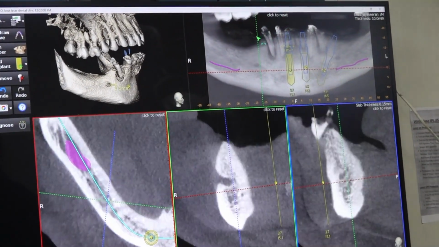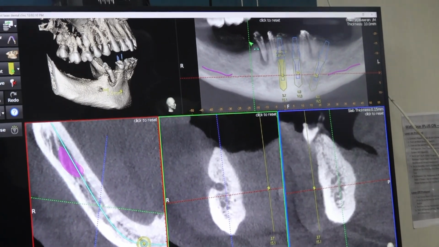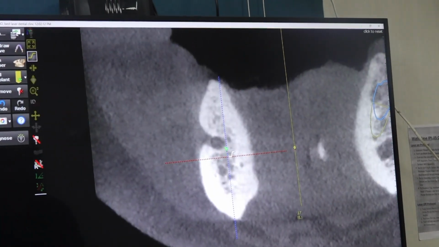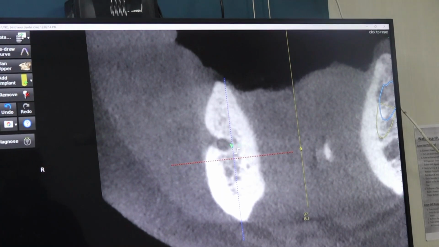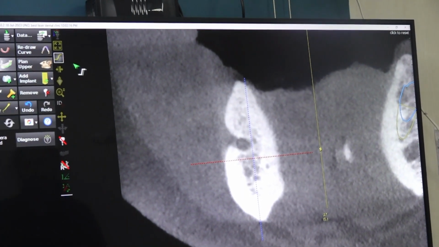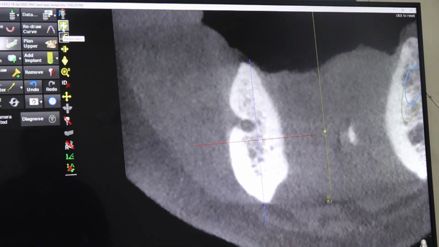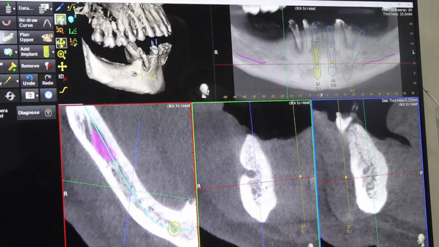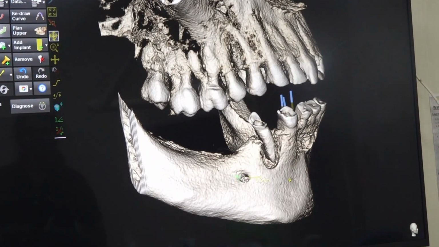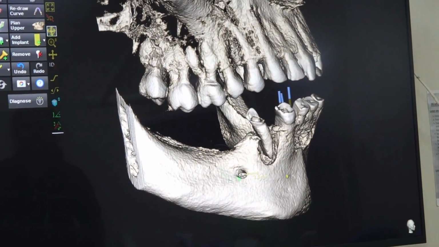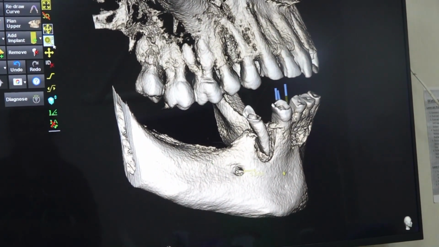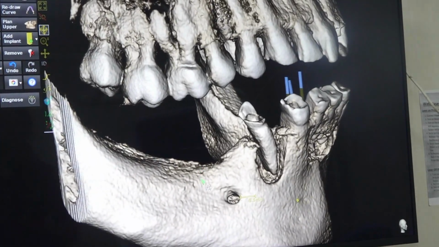So exactly in the mental foramen it is like this, right? We have to curette this nerve and push it distally. To push it distally, you need to remove this segment of bone, logically.